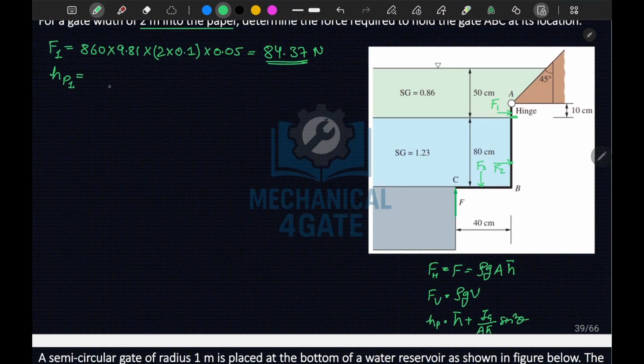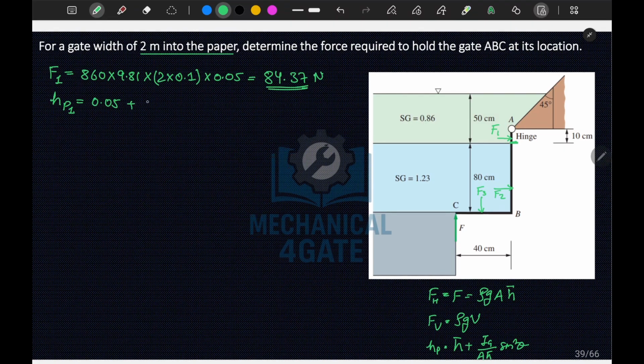So I will write it here. H bar here will be 0.05 meter, 0.05 plus Ig is BH cube by 12, so B here is 2 meter, 2 into H is 0.1 cube by 12, into your area, which is 2 into 0.1, okay, into H bar, again 0.05, okay, into sine square theta, which for 90 degrees will be 1.